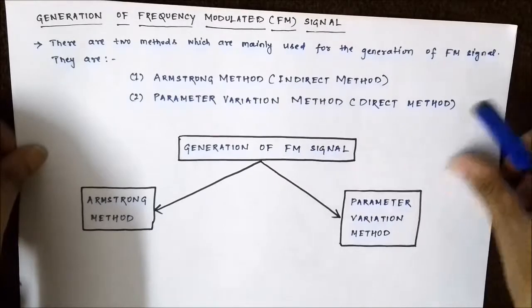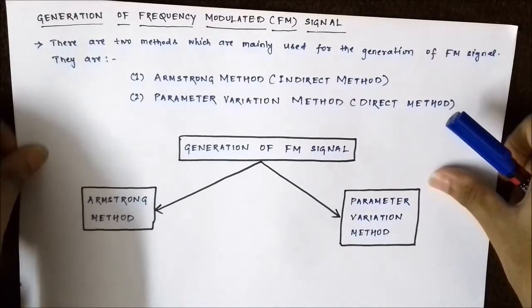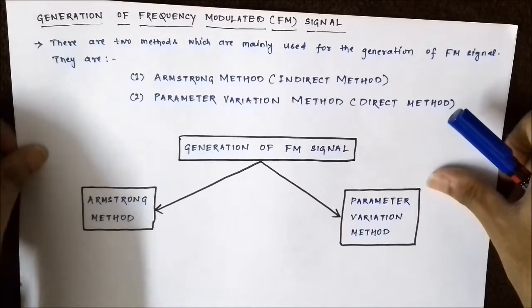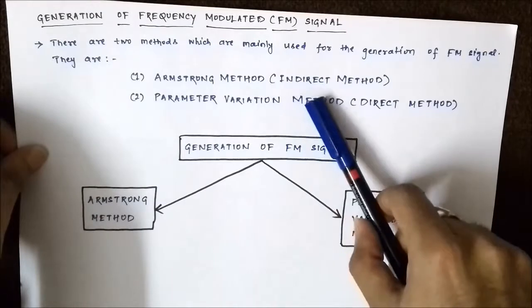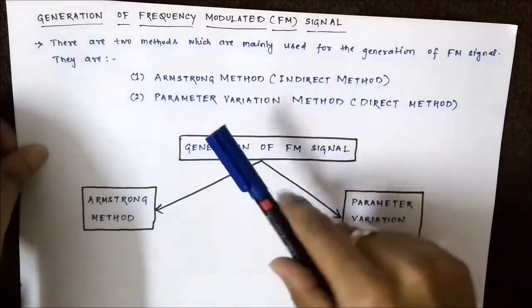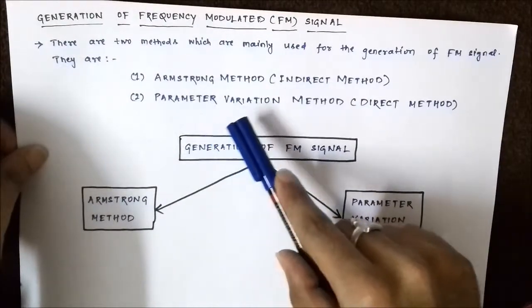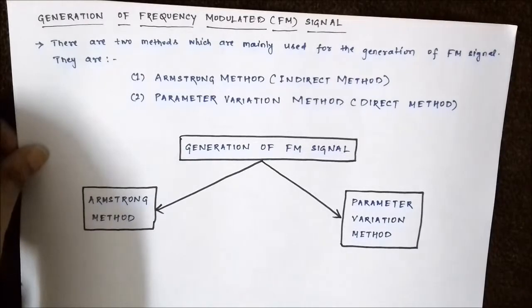Now as you can see here, there are mainly two methods which are used for the generation of a frequency modulated signal waveform. The first one is the Armstrong method, which is the indirect method of generation of a frequency modulated signal, and the second one is the parameter variation method, which is the direct method. Okay, so we have two methods of generation of an FM signal.